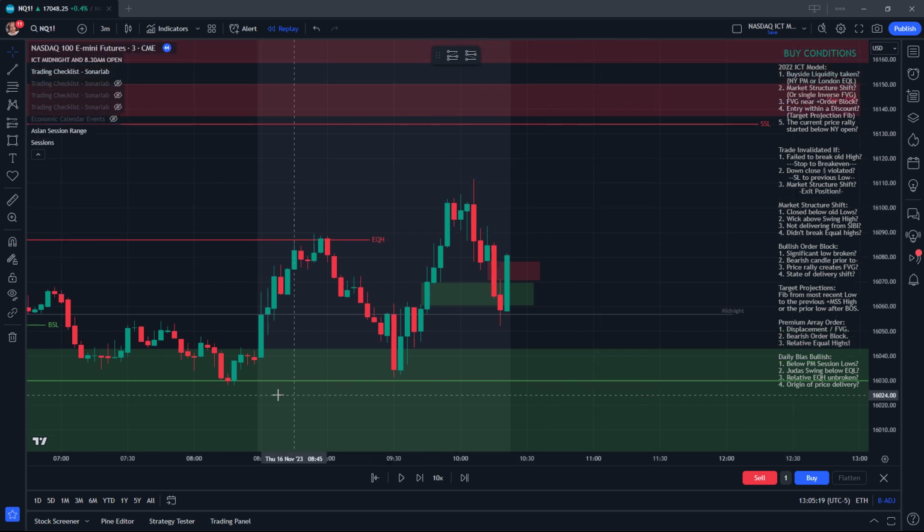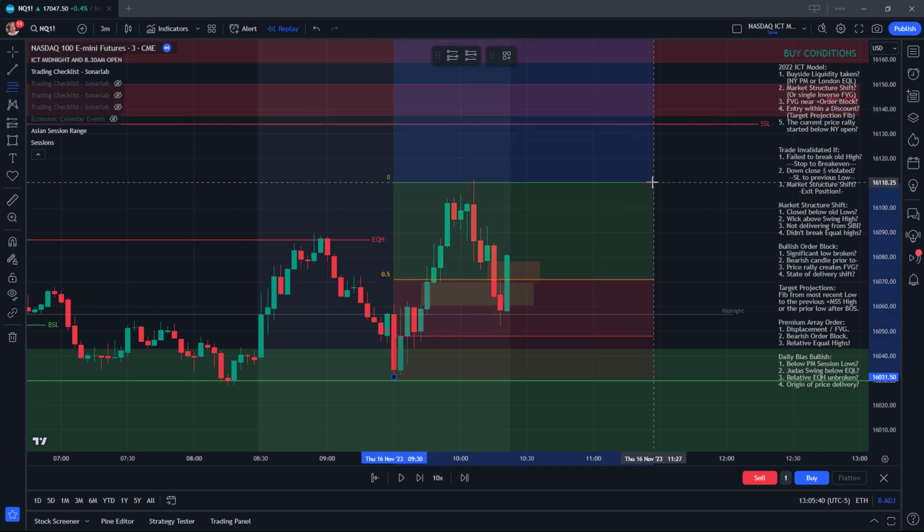So buy side liquidity taken, market structure shift. We have a single inversion fair value gap here. That's a key thing as well. If we're going to omit the fair value gap, there has to be a single inversion fair value gap.